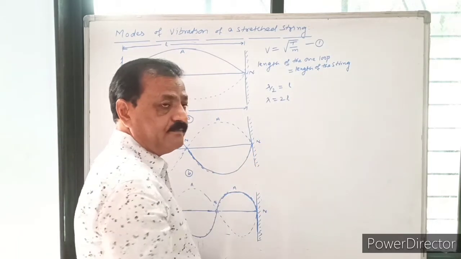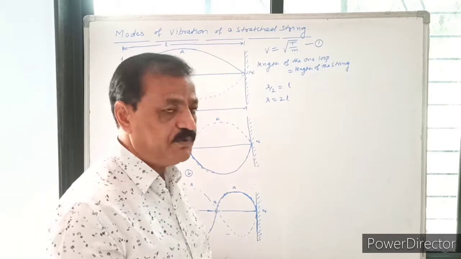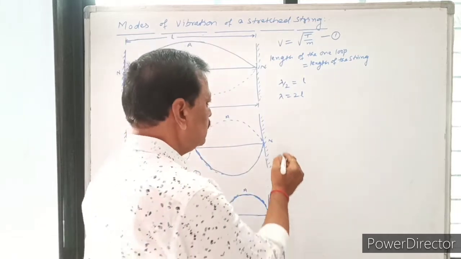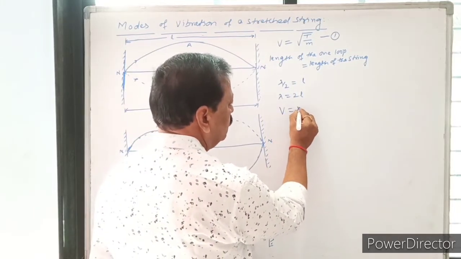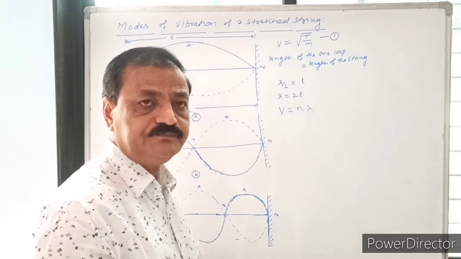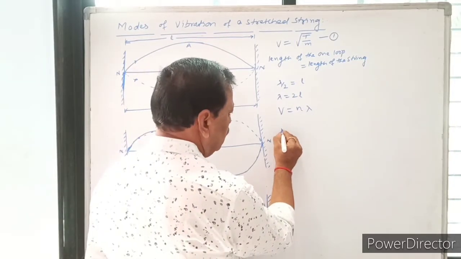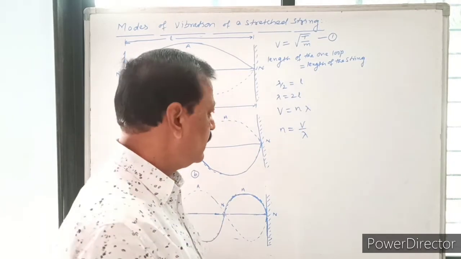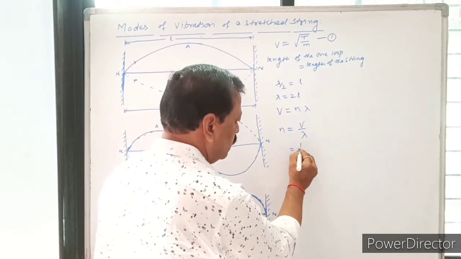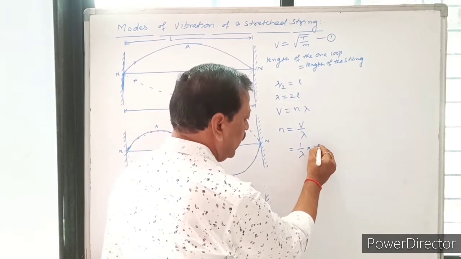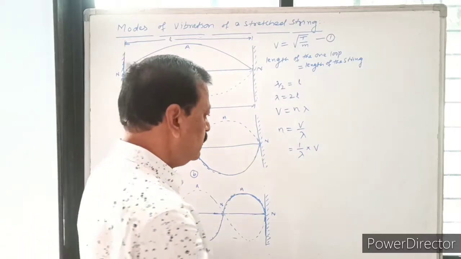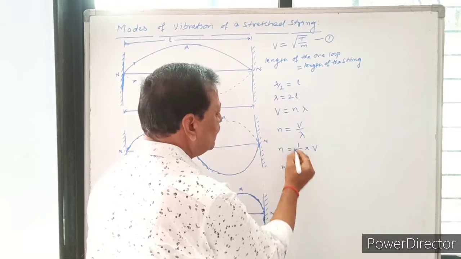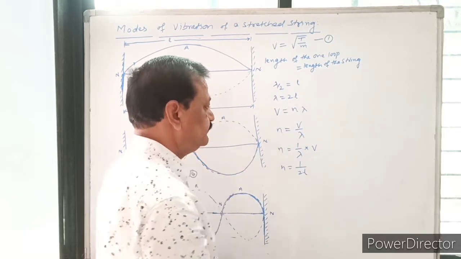The relation between frequency, wavelength and velocity is v equal to n lambda, n equal to v by lambda, then 1 by lambda into v. Therefore, 1 by lambda, lambda is 2L.